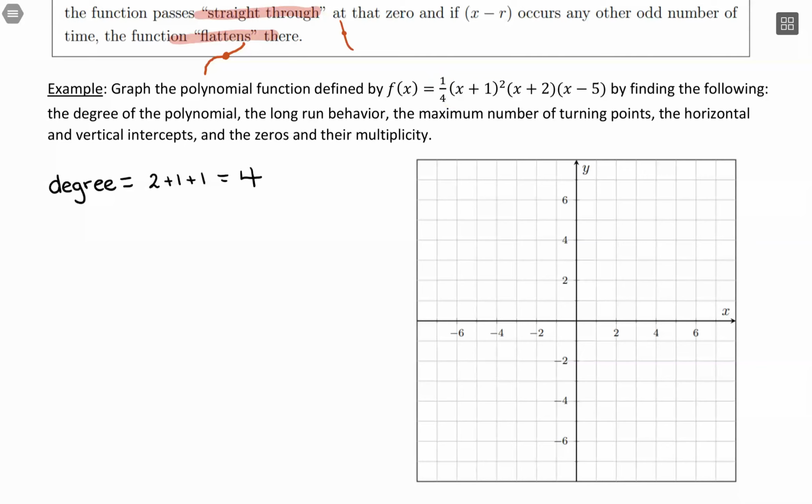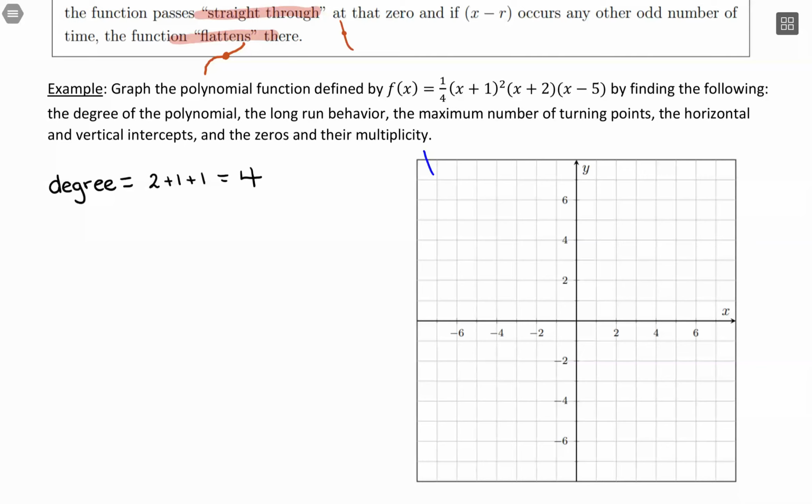So in terms of long run behavior, this is going to match x to the 4th, or even x squared, if we think of just an even degree. Once I recognize this is an even degree, in terms of long run behavior, we should be going off to positive infinity on both sides.